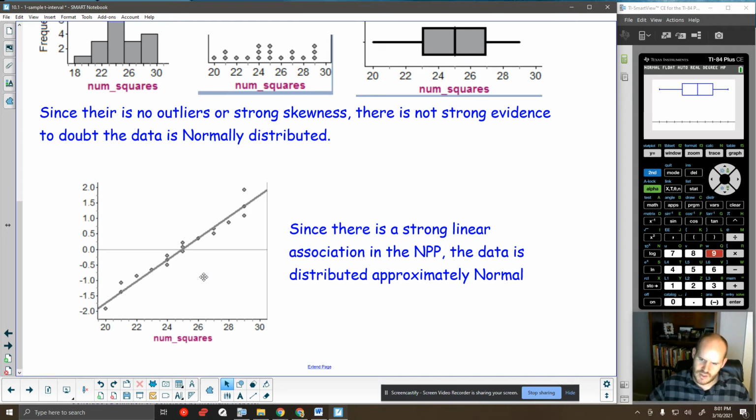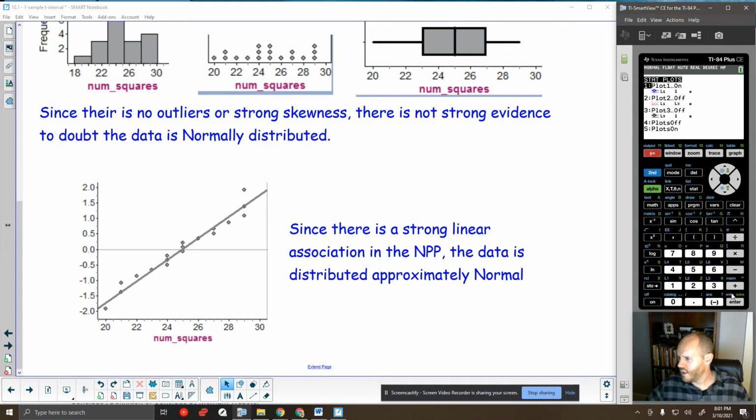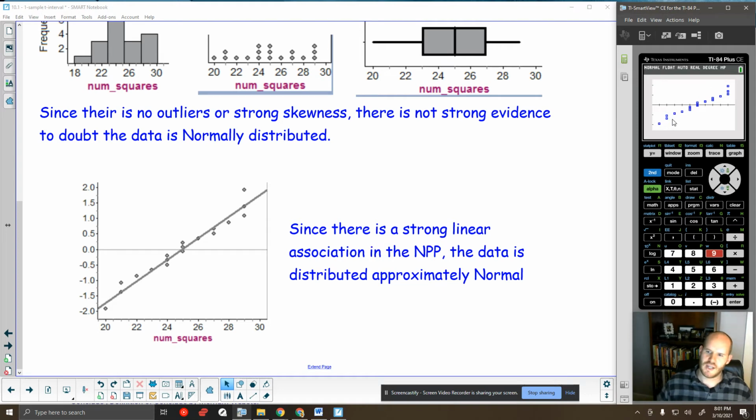I can see that strong linear pattern in this data. Again, you can create that in your calculator by going to Stat Plot and selecting the final option in the graph window. That is the normal probability plot. You do zoom 9. I get a fairly linear pattern here. So that is another way that we can check this condition.